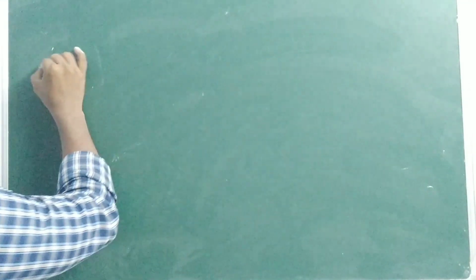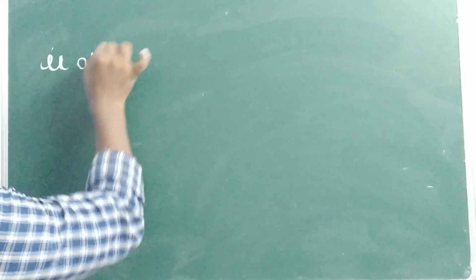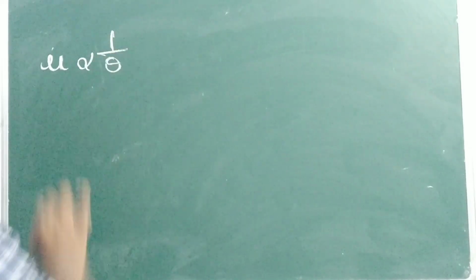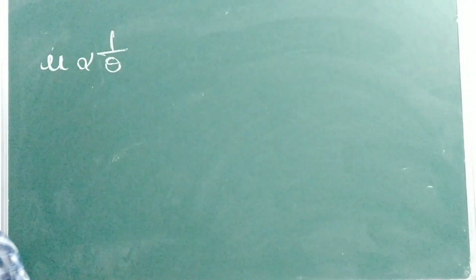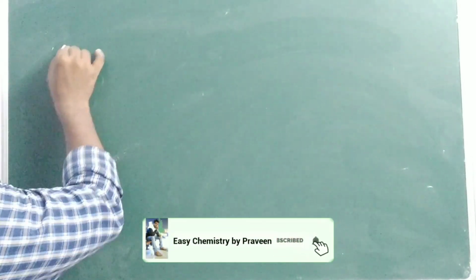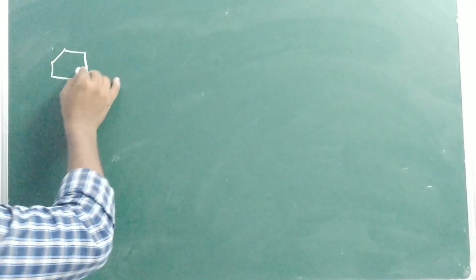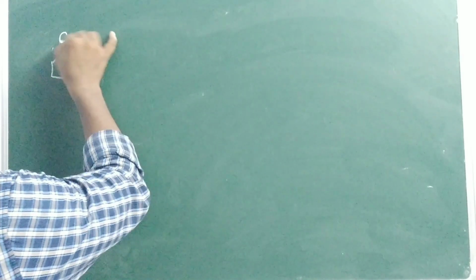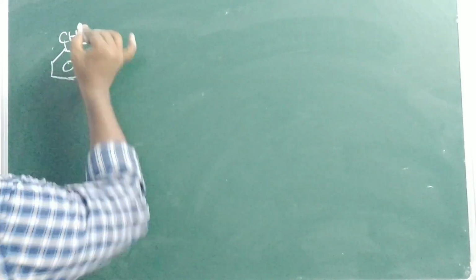The third step is bond angle. Dipole moment is inversely proportional to the bond angle. If the bond angle is more, the dipole moment will be less. Now we can see a few examples based on this. One is a methyl group on benzene.